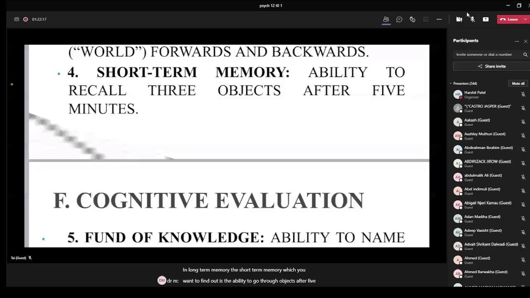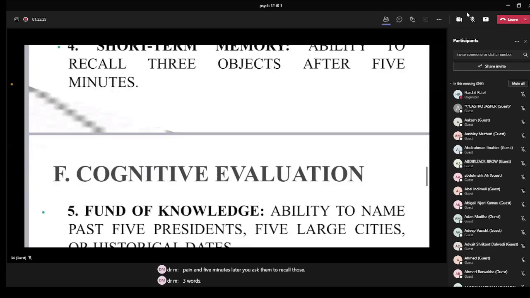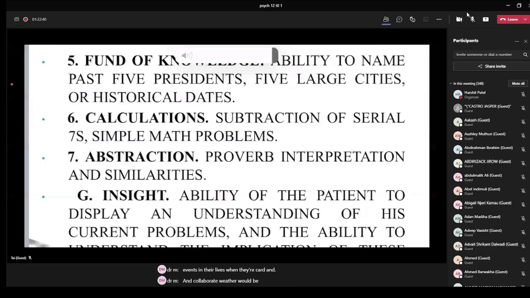So you can give them some objects like chair, cat, pen, and 5 minutes later, you ask them to recall those 3 words. For the long-term memory, you may ask them about events in their lives when they occurred and corroborate whether what they remember is the truth.